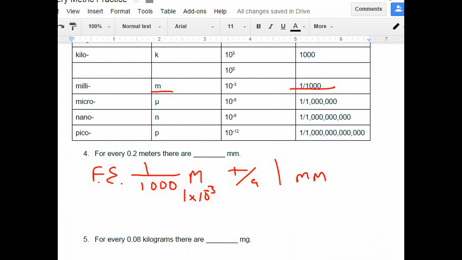So over here, this is going to be 0.2 meters, and this one is the one that I'm trying to solve for. So in what way can I get to 0.2? Well, if I have 1/1000th, this is really 2 tenths. So that's going to be a bigger number than I started with.